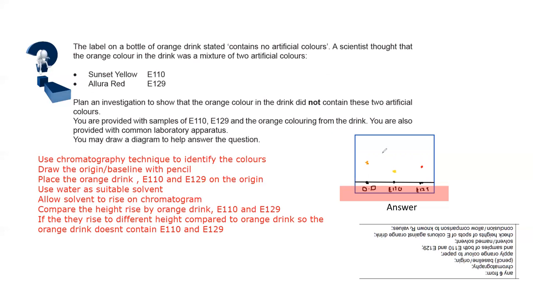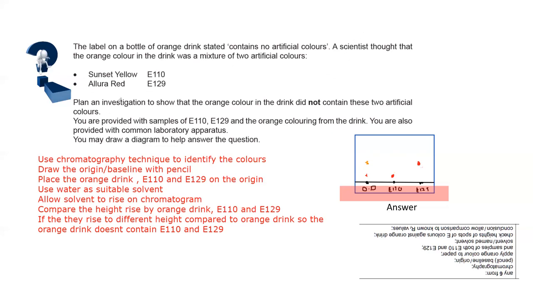So if E110 and E129 were both there, then the spots for the orange drink might be two, and one would match with E110, another one would match with E129. But because they are not present, it will not level up with them. So we just have to conclude.